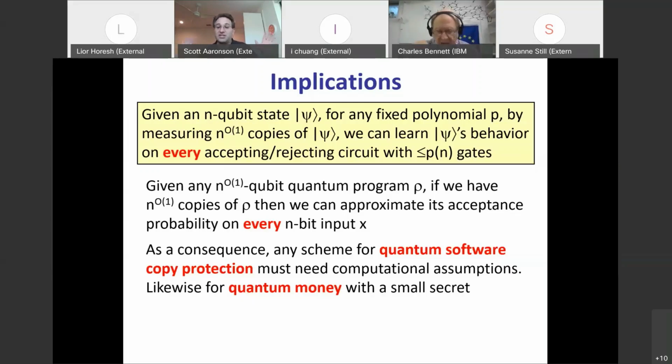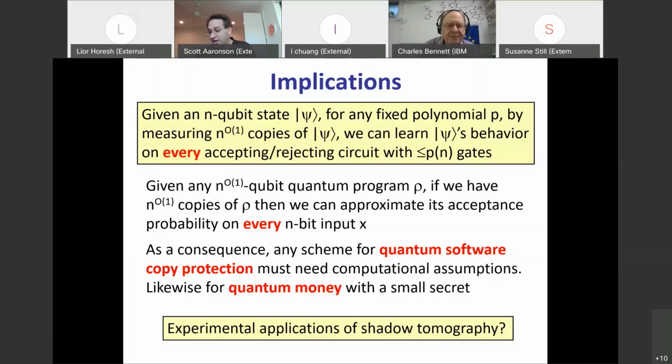Every quantum money scheme requires either computational assumptions or else a giant secret on the part of the bank. And the reason is, again, that if we have only a small secret, then a counterfeiter with unlimited time could take a polynomial number of legitimate money bills and do shadow tomography on them to try every possible key and figure out how to counterfeit the money.